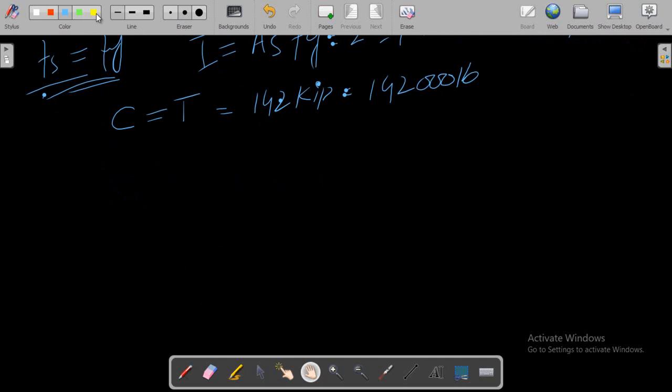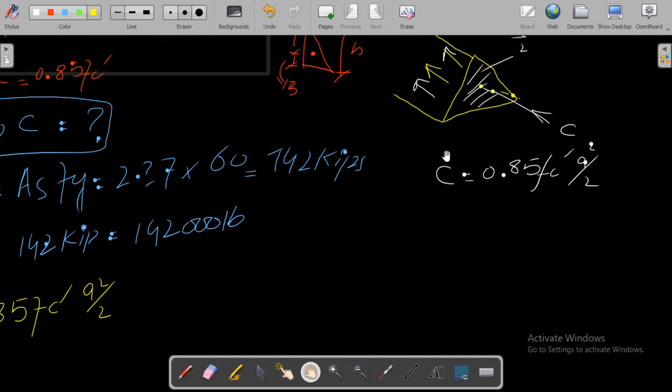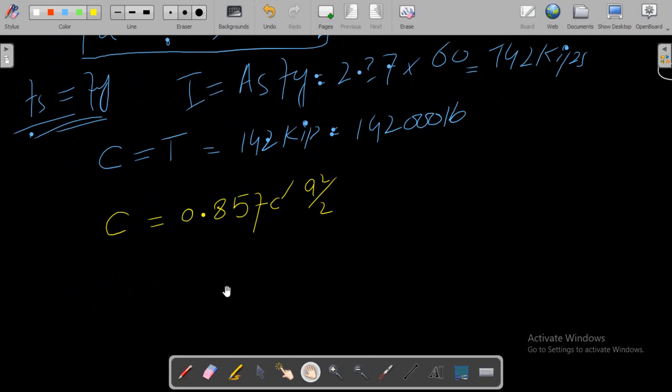Now the main objective of finding C is to find the value of a. We know the value of C, that is 0.85 fc' times a square divided by 2, as we already discussed right here. In this case, C equals 0.85 fc' times a square divided by 2. So from this we arrange all these terms and find the value of a.